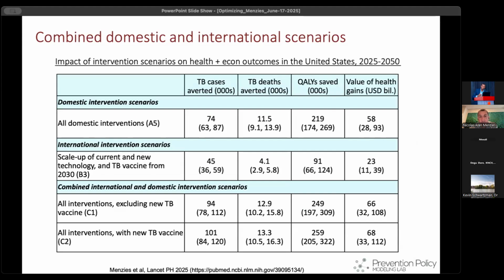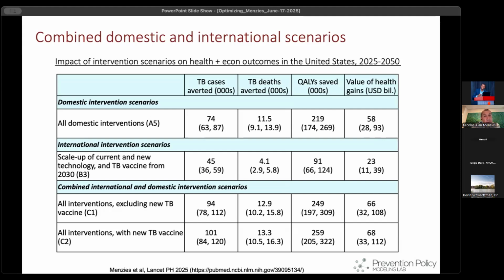So these are some numerical results, quantifying the number of TB cases and deaths averted, the quality-adjusted life years saved, putting an economic value on some of these outcomes. We thought this was important in addition to those results you just saw, because it would be easy to see some of those plots and say, well, we can't achieve TB elimination under any of those scenarios.